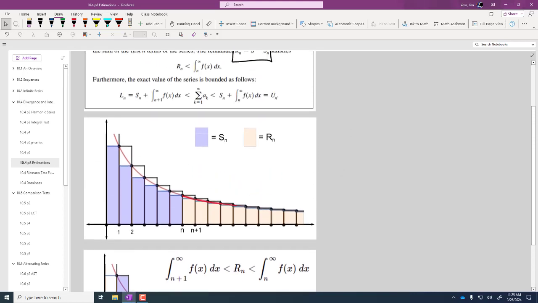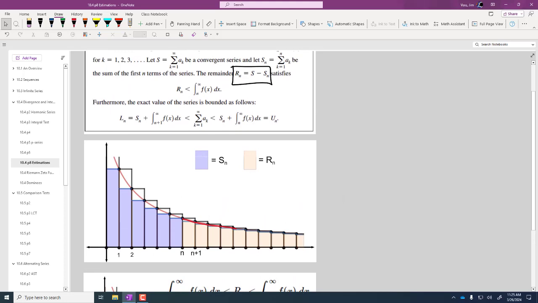Let's come back up here. So here is the infinite series right there. There's S sub n on the left, there's S sub n on the right. If we add the overestimate integral, that's going to give us an upper bound on the series.